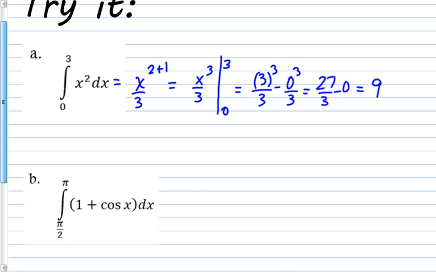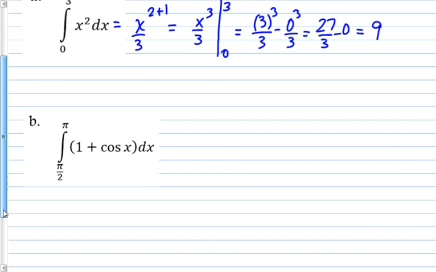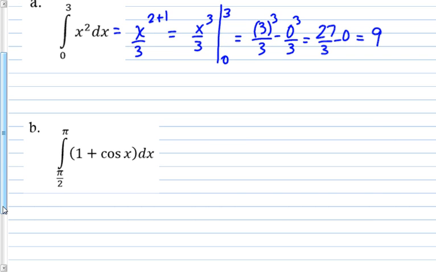9. Okay, B, a little bit of trigonometry. Hopefully you caught this. When I derive x, if you remember, the derivative of x is 1. So I'm working backwards. The antiderivative of 1 would be x.